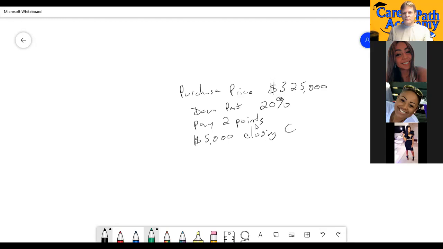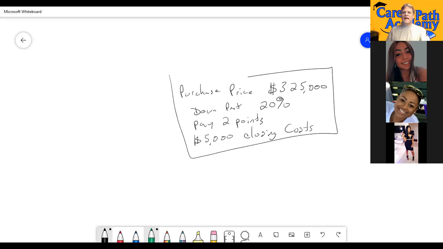How much money does the buyer need to close on this property? How much money does the buyer need to purchase this house, to close on it? The down payment will be 65,000. Yes. Well, I want to know how much money they need to close on it. If you get it, I want you to message me in the chat window. Make sure you're only messaging me, not the whole class.